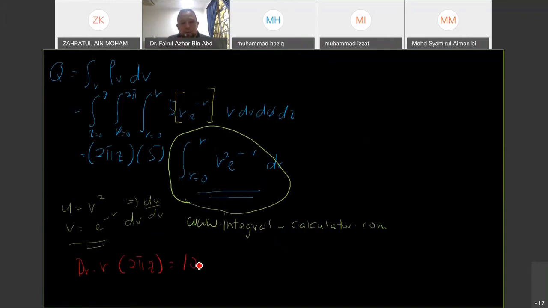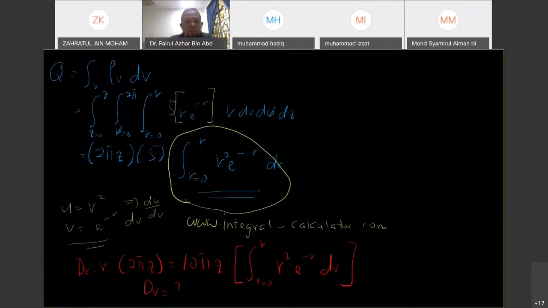Okay, 10 pi z, and the answer for this integration, r equal to 0 until r, r squared e power of minus r dr. Then we just solve this equation, then we have the expression that represents our dr is equal to what.